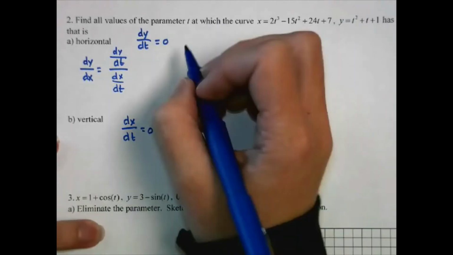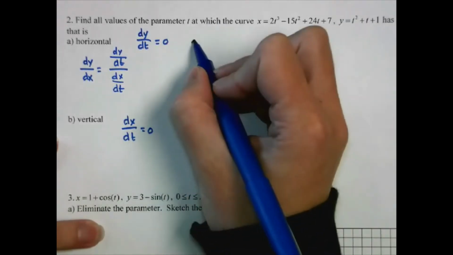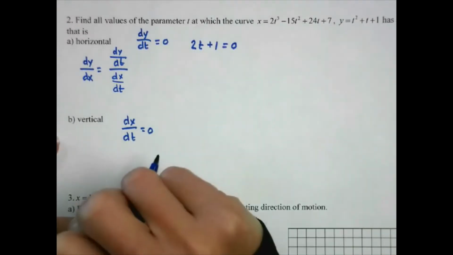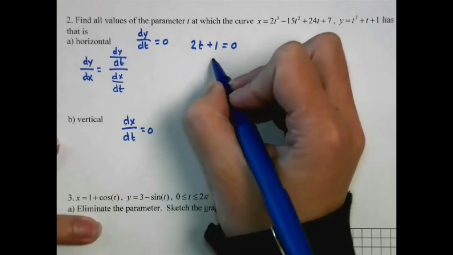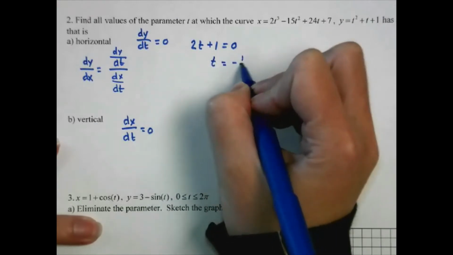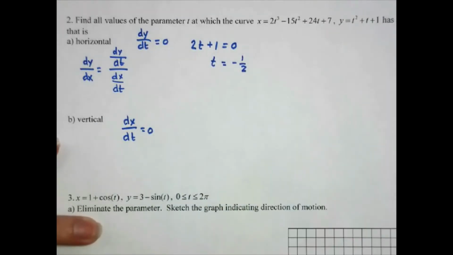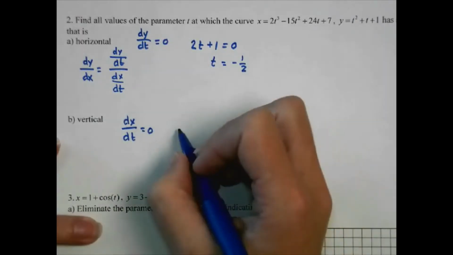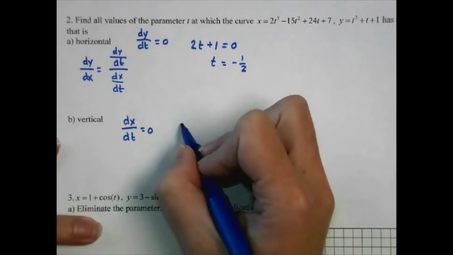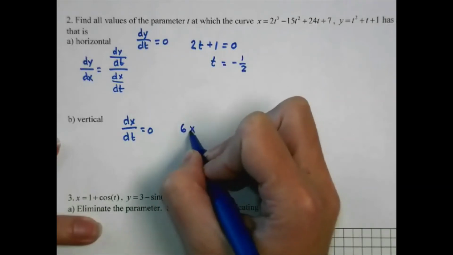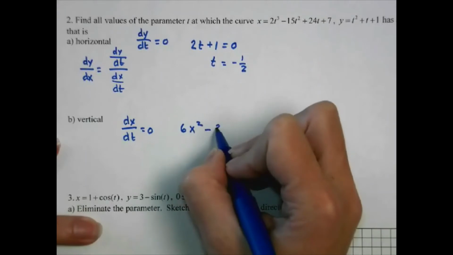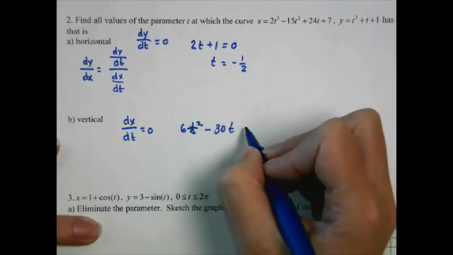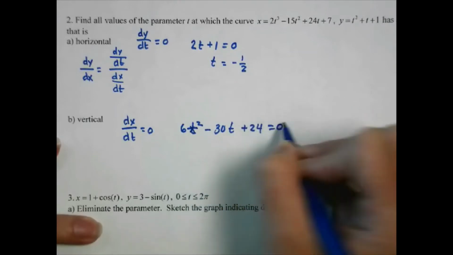So dy/dt is going to be 2t plus 1. We want that to equal 0, so that's going to be when t is equal to negative 1/2. Here, we'll take the derivative of x. So this is going to be 6t squared minus 30t plus 24 equals 0.